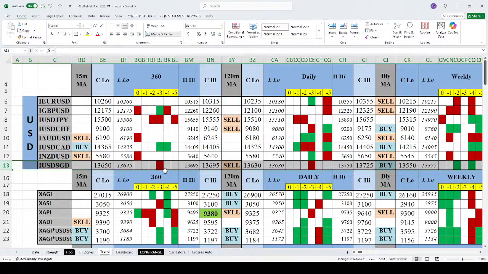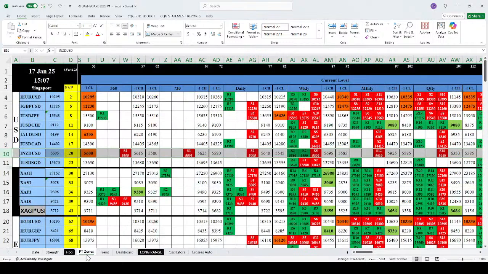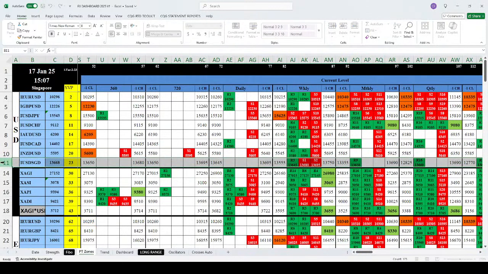We don't have to be in a hurry to go for this trade. Do remember the range we are looking at is 36.50 and 36.95. If you look into the PT zones, 6 hours flat, 12 hours flat, daily is flat. Weekly we have two selling forces, one strong buying force.